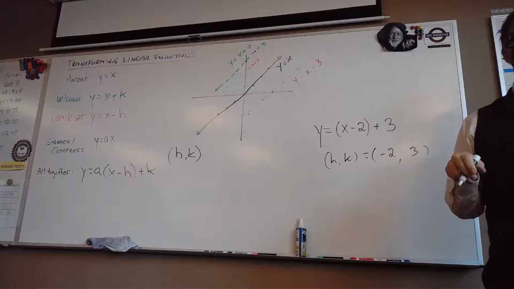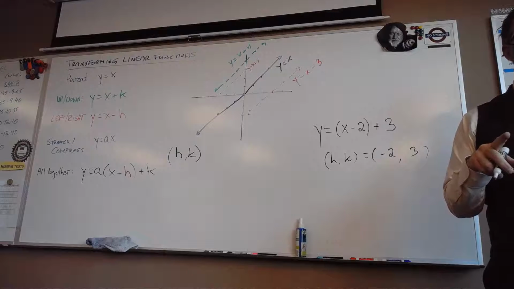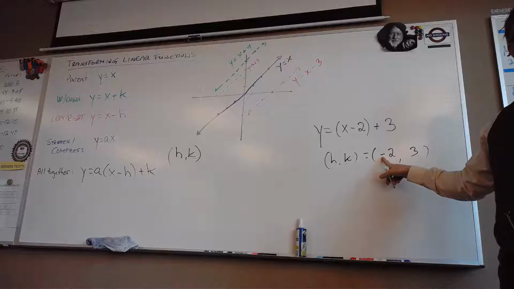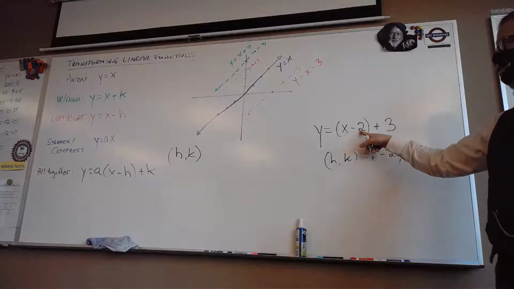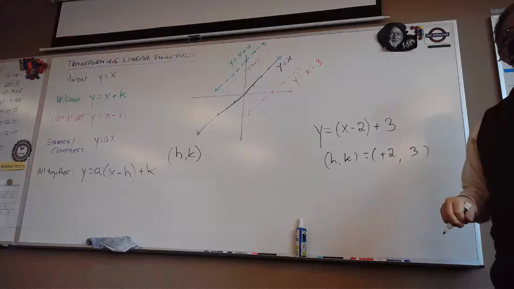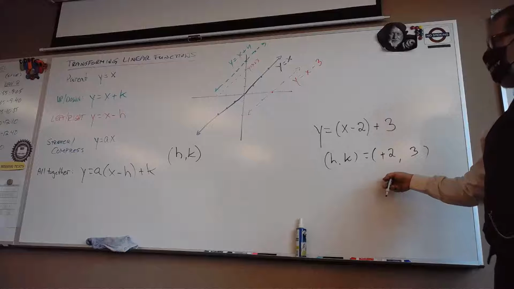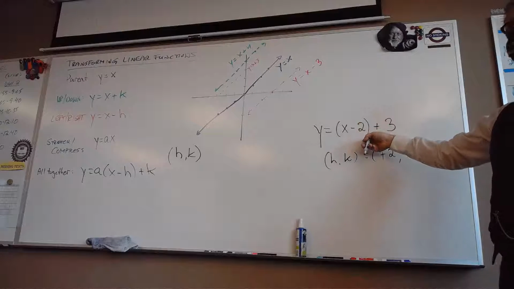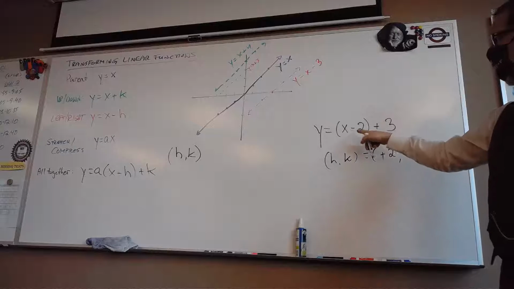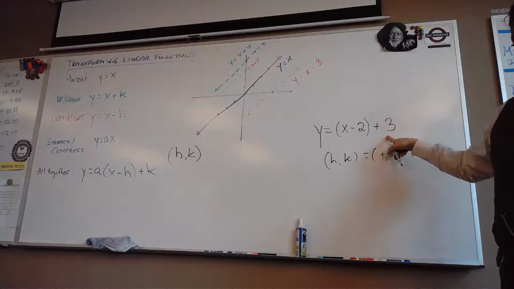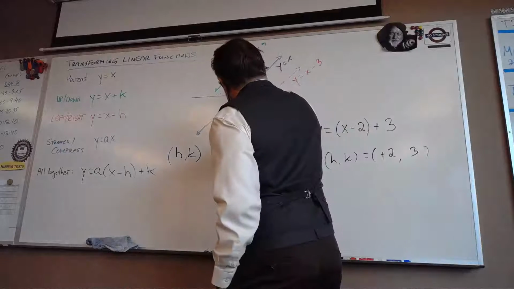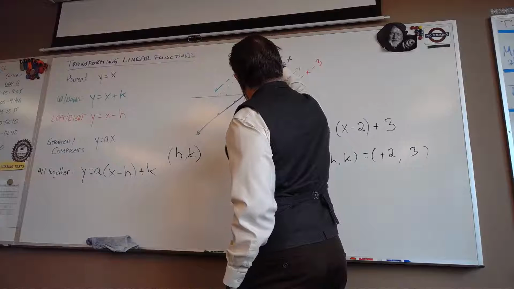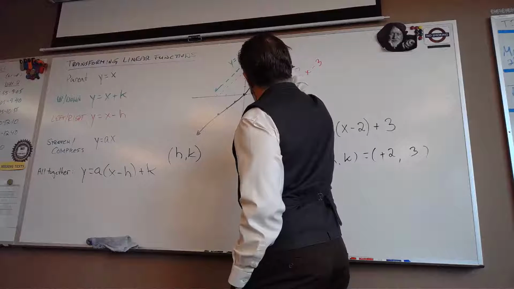Yeah? I was going to say not -2. Agreed? Not -2 because x minus h. So how do I transform y equals x to get to y equals x minus 2 plus 3? Well, I go 2 to the right and up 3, agreed? So this point right here becomes 2 comma 3.